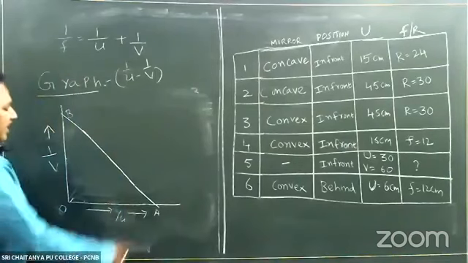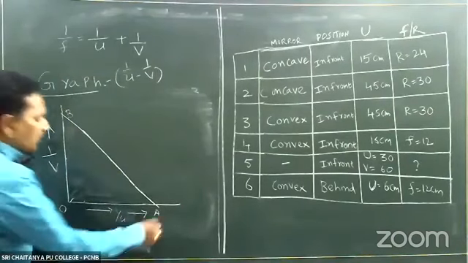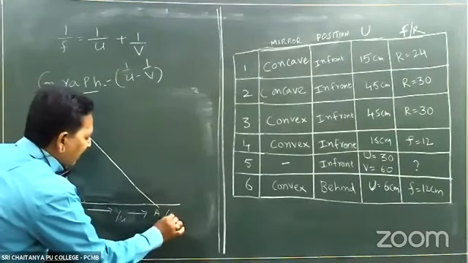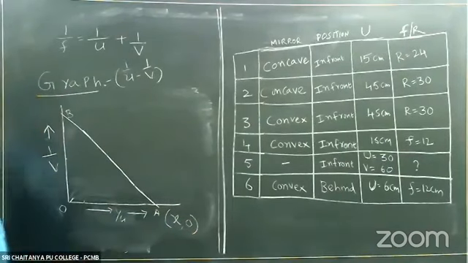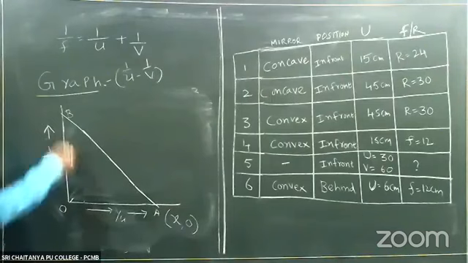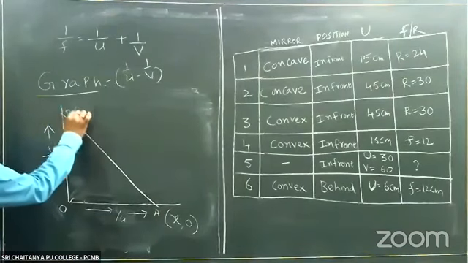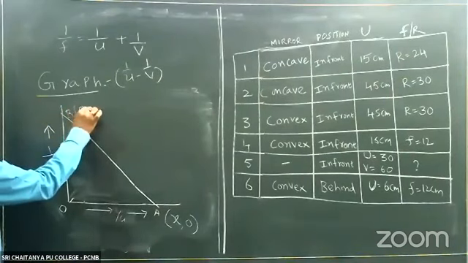What are the coordinates of A? If the point is lying along the x-axis, y coordinate is equal to 0. The coordinates of A are x comma 0. The coordinates of B: the point is lying along the y-axis.